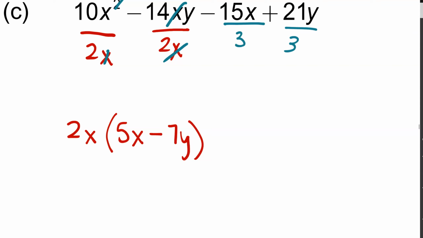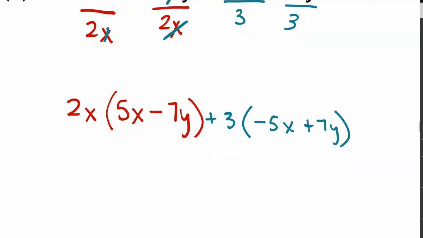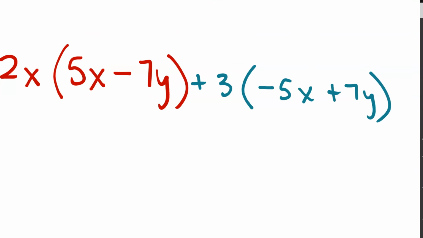Greatest common factor, let's see. Pull out a 3, so I'll say plus 3, so this is negative 5x plus 7y, because notice this was negative 15. Ooh. Right. So what we notice: on the left, 5x is positive. On the right, 5x is negative. Opposite. On the left, 7y is negative. On the right, 7y is positive. They are different signs. What if I factored out a negative 1?